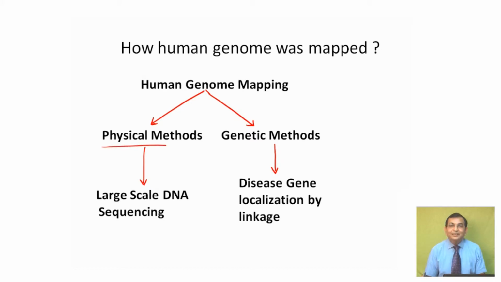On the other hand, genetic methods were carried out by disease gene localization by linkage. Combining both methods, human genome mapping was completed. This is a figure of large-scale DNA sequencing carried out in laboratories.